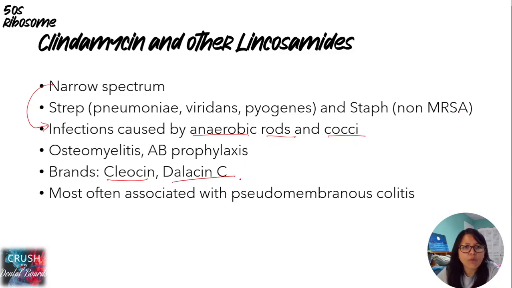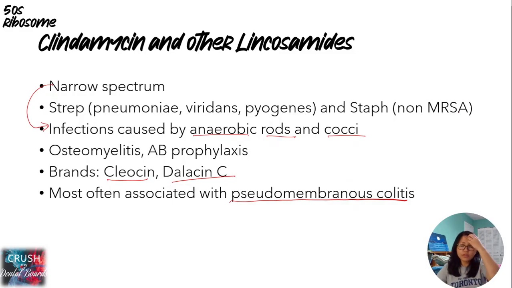Okay. Now, one thing to take note of regarding Clinda is that they're most often associated with pseudomembranous colitis. What does that mean? So, if a person would take too much of clindamycin, they can develop pseudomembranous colitis. It is a stomach disorder, okay?